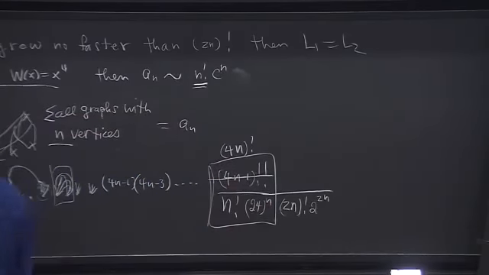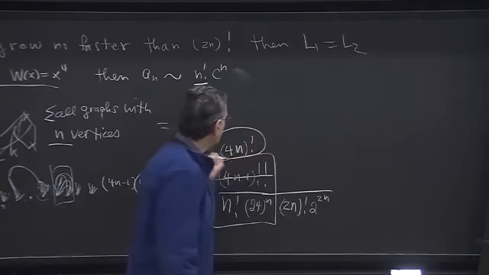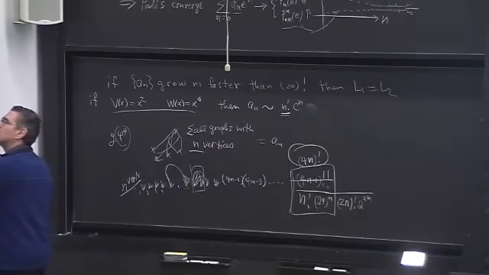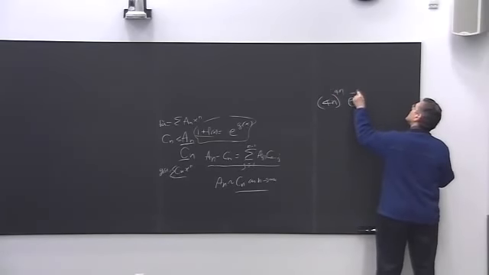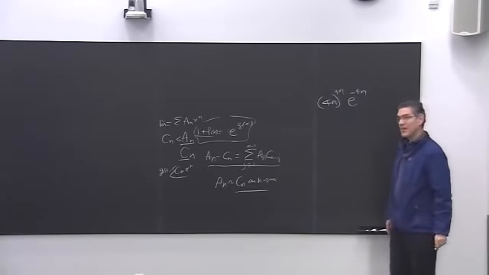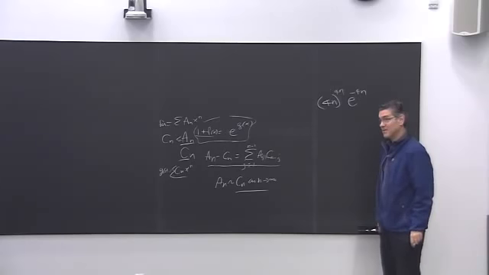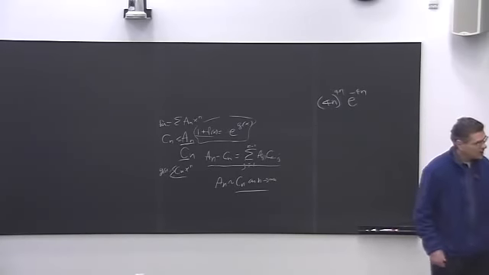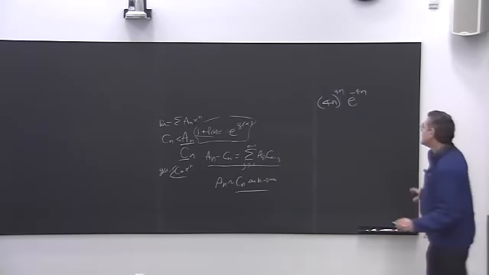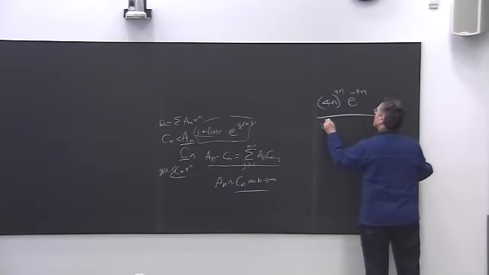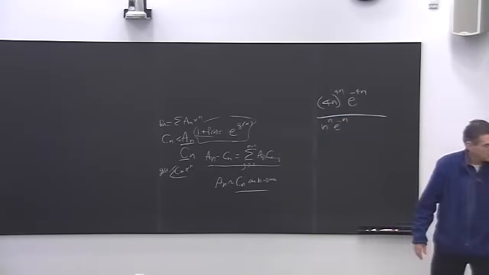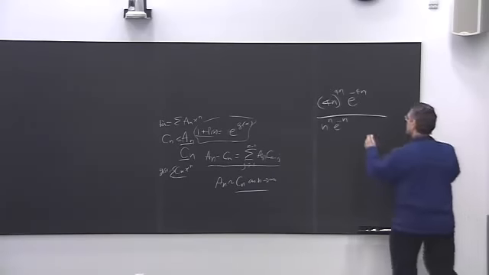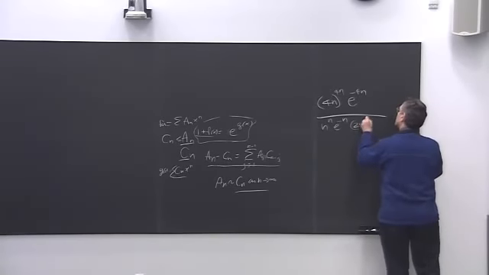Well, we can calculate how big that is. 4n factorial is roughly 4n to the 4n times e to the minus 4n. That's the Stirling formula, right? And n factorial is roughly n to the n e to the minus n. 24 to the n, well, that's just 24 to the n.